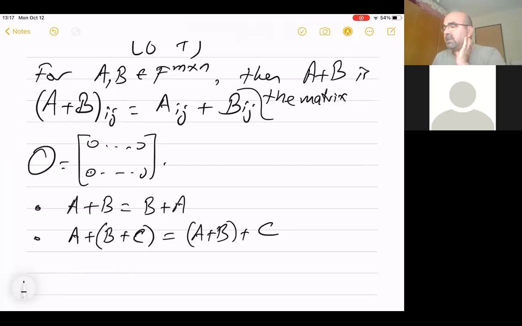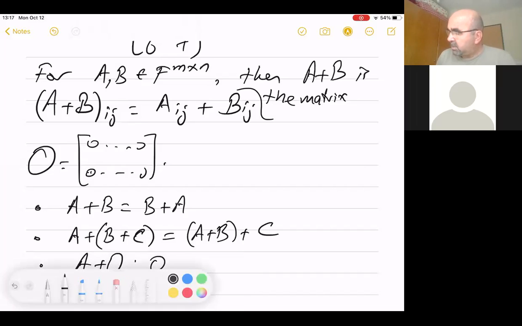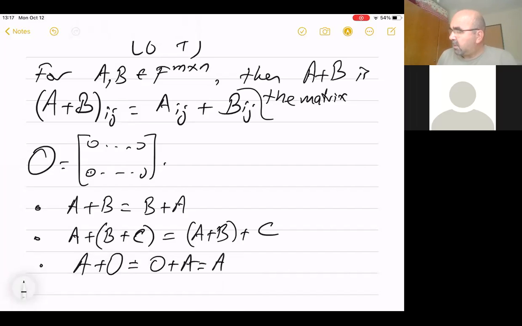Since it is associative, you don't need to write parentheses. And for the zero matrix, A plus 0 is always A, and 0 plus A is always A for all A.